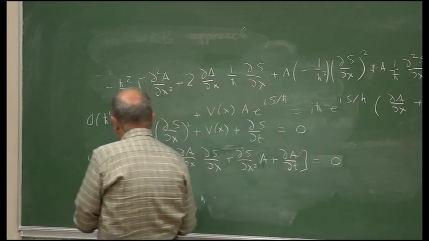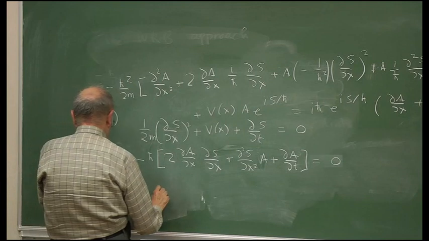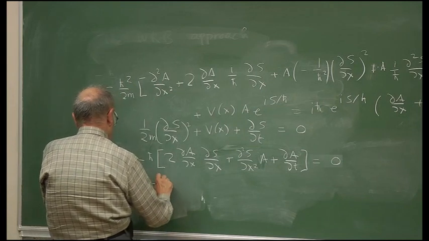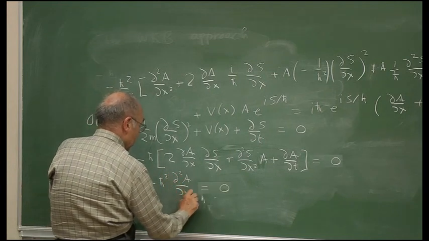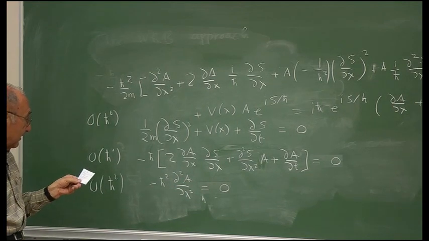Then order h-bar squared, which will be something like minus h-bar squared d squared A by dx squared. Now let's discuss each of these equations one by one.